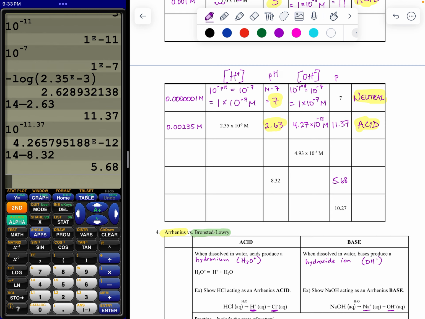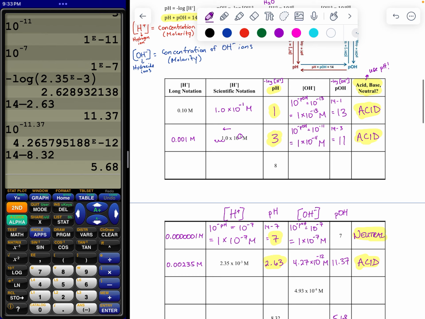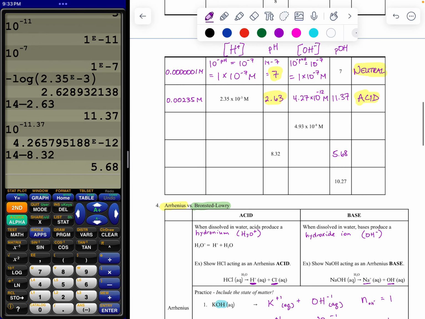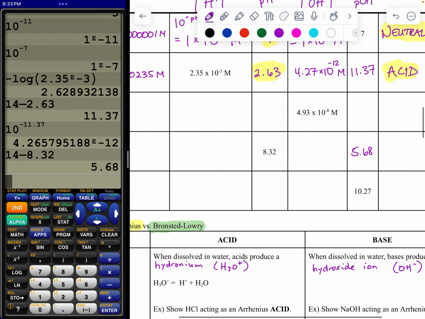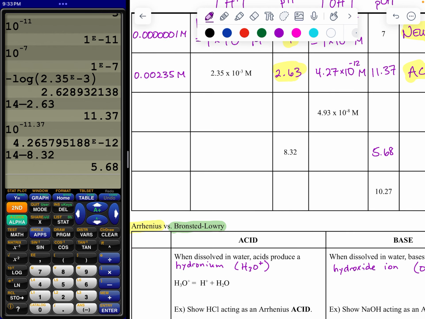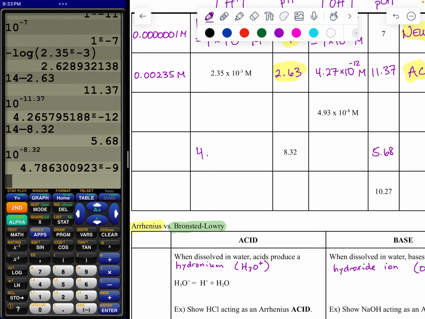So now that I have my pH, let me write those here too, just so that you don't get lost from above. Now that I have both of those, I can figure anything else out that I need. Let's look at the concentration of hydrogen ions here. All I have to do is reverse the log, so that's 10 to the negative pH, 8.32, and we get 4.79 times 10 to the negative 9th molar for molarity.